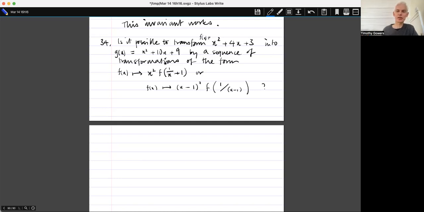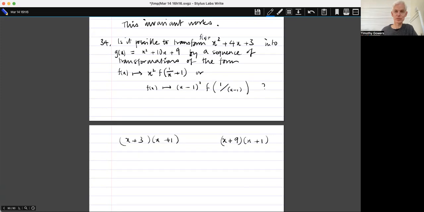I'm wondering whether I can think about roots. Is it going to be the case that when I apply these operations, I will never lose some root that this has, but this doesn't have, or something like that? That seems to be the most promising idea. So this is (x plus 3)(x plus 1), and this one over here is (x plus 9)(x plus 1).